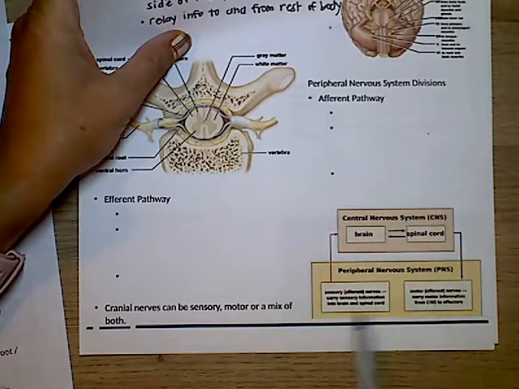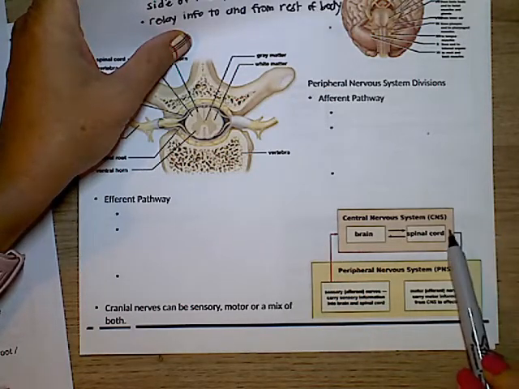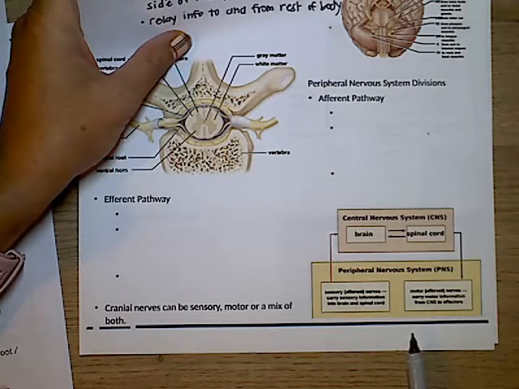Then you have the sensory information that comes in from the peripheral nervous system. They carry that information into the brain and the spinal cord. And then you have the motor nerves. So these are sensory neurons here, and then you've got the motor neurons that carry information from the CNS to effectors, things like muscles and glands.